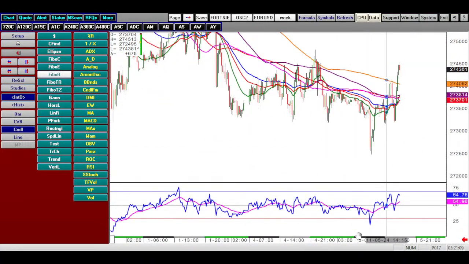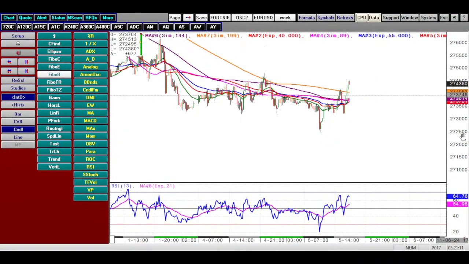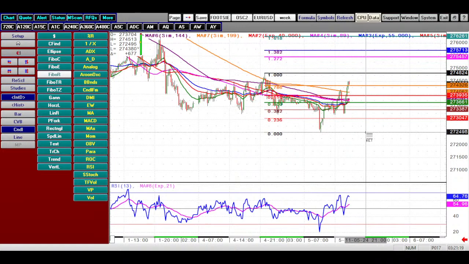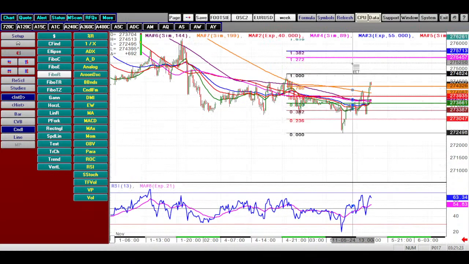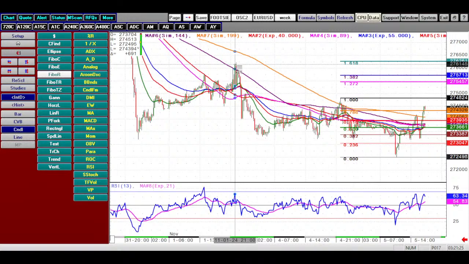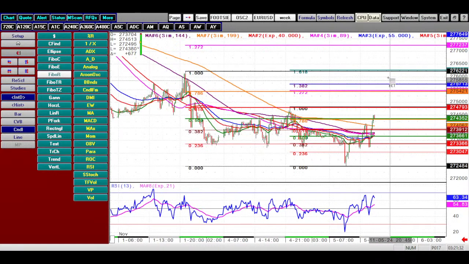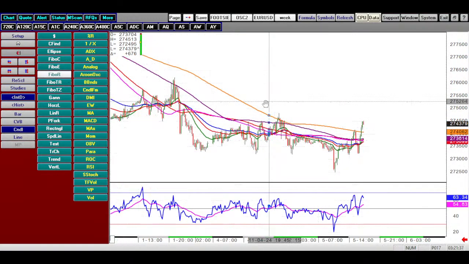And if we get it filled, the next barrier, remember I told you the benchmark level is 48. If 48 breaks, then we should see comfortably 54. 54 is a major resistance, 54, 57. So we should be able to see that.